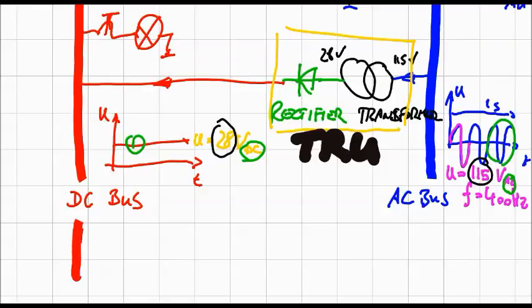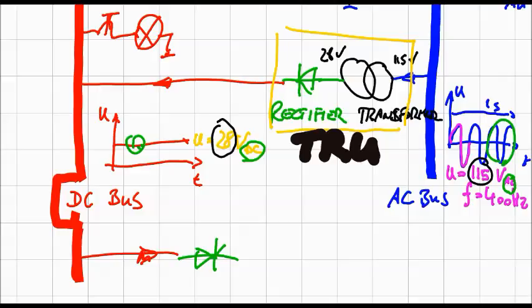Go down here and put it through a system of power electronics, which changes the constant current into an alternating one.